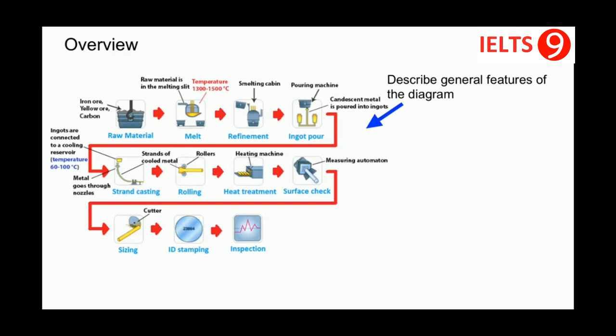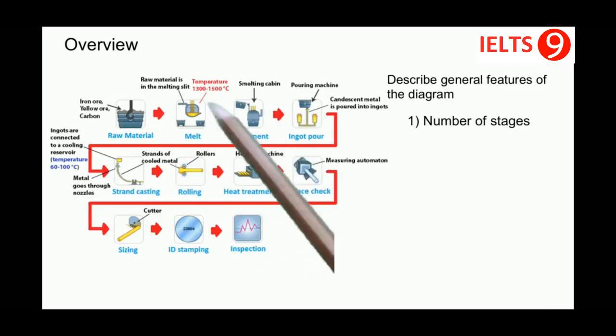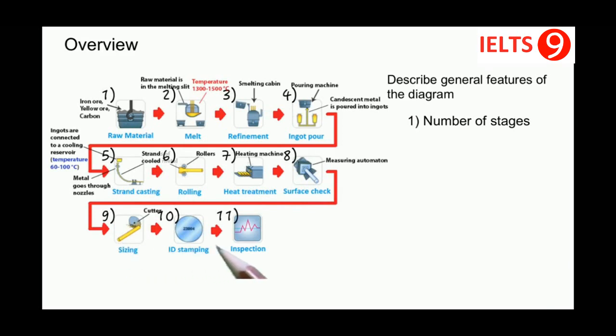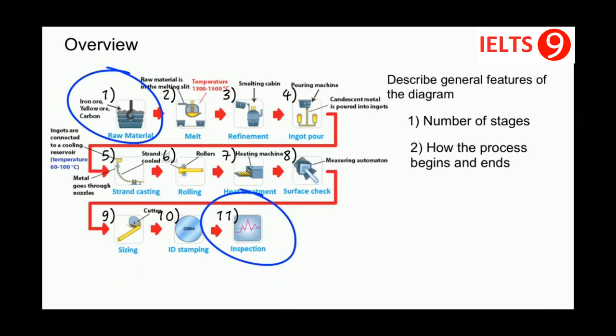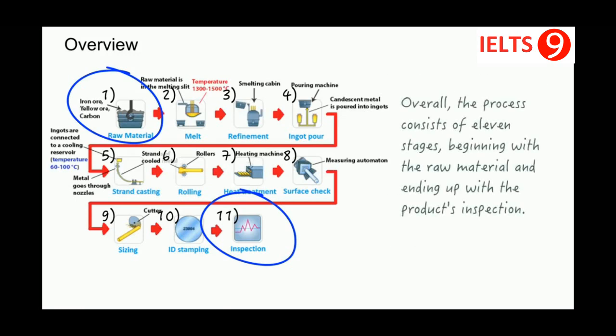That's why, while giving the overview of your diagram, you should write, first of all, the number of stages. As you can see, in this process we have 11 stages, and how the process begins and ends. If the diagram has loops or repeated stages, or the process is cyclic, you may also want to comment on that. In our case, the general overview looks like this.